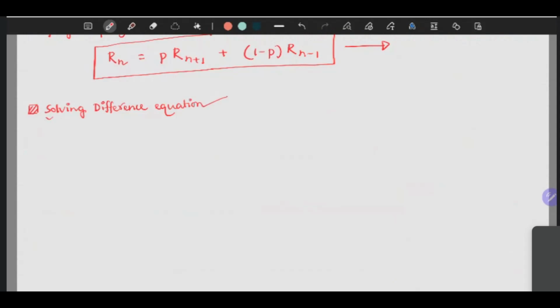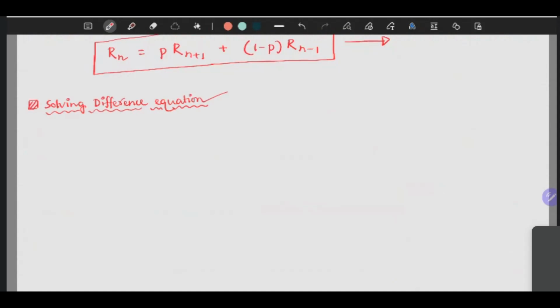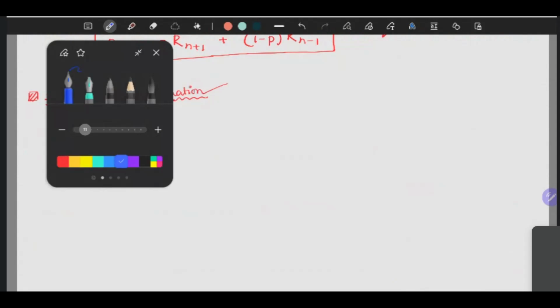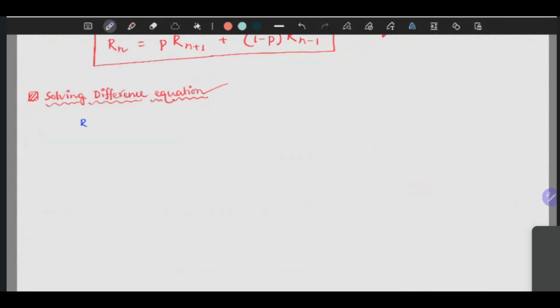Whenever you solve difference equations, you need to write the difference equation in terms of preceding terms. So our equation was R_{n+1} is equal to 2R_n minus R_{n-1}.